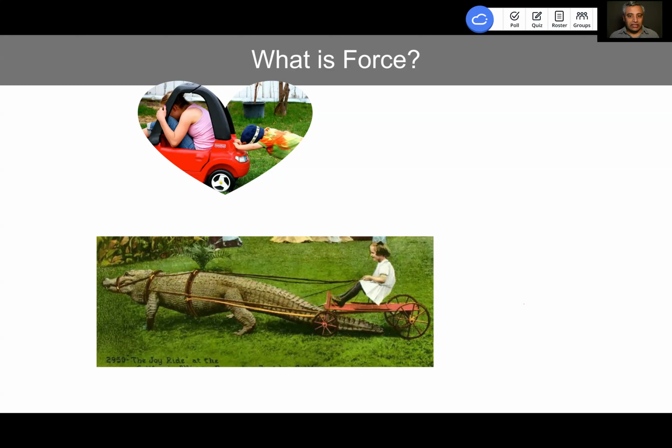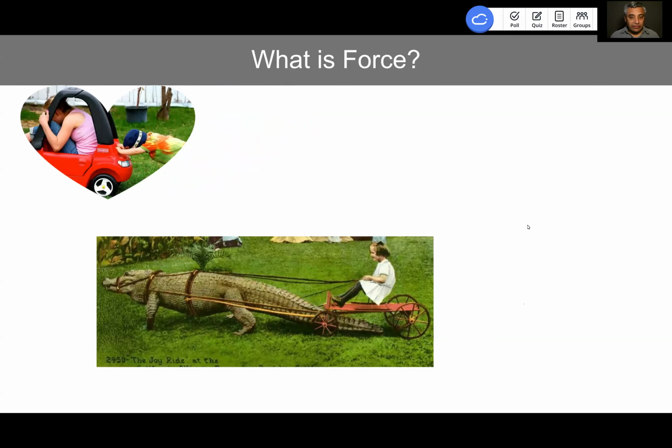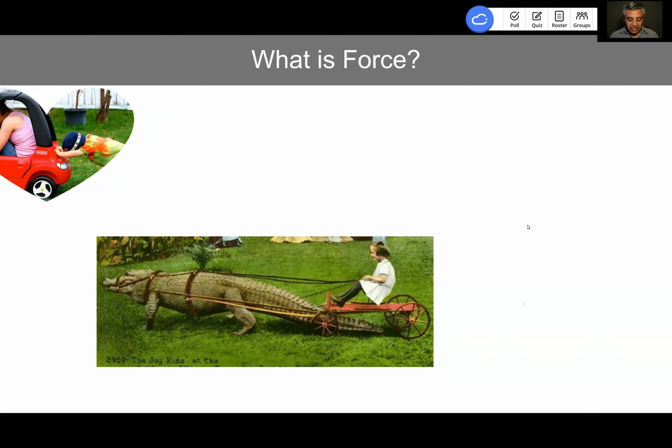What is force? Force, of course, is a word we use in our daily life, and probably we have some idea, but if we have to define force, how do we do it? Maybe we can just look at how things behave when we apply force. For example, we can give a push, and an object starts moving if it's not already moving.